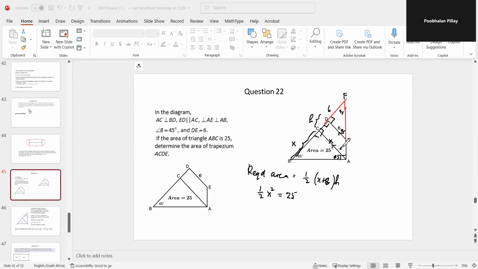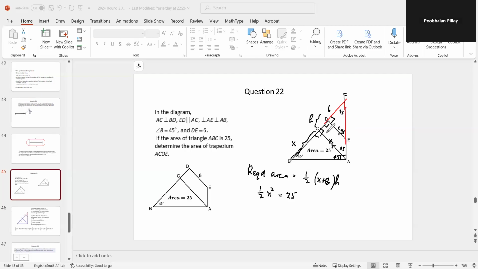And this angle here will be 45. See? So I'm talking about FCA, the large triangle. There's 90 degrees here, there's 45. So this has to be 45. So you have another isosceles triangle, which is FCA. So CA is equal to FC.